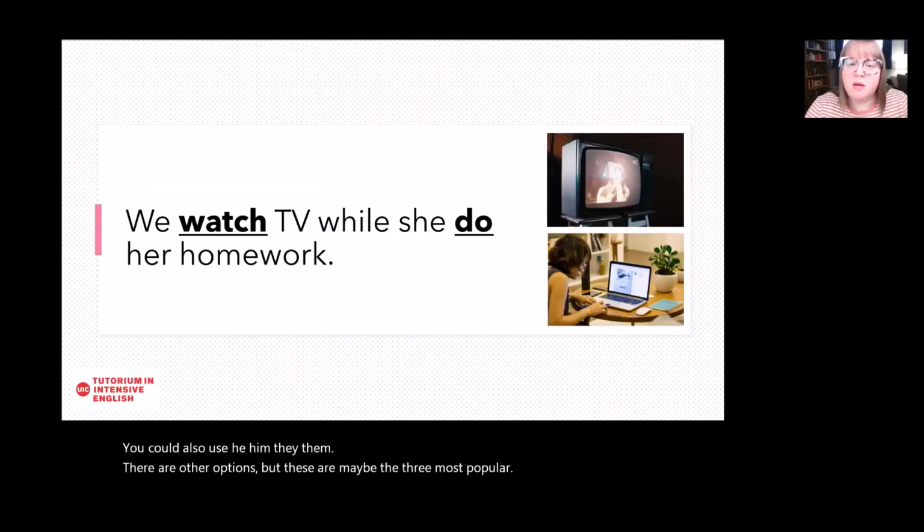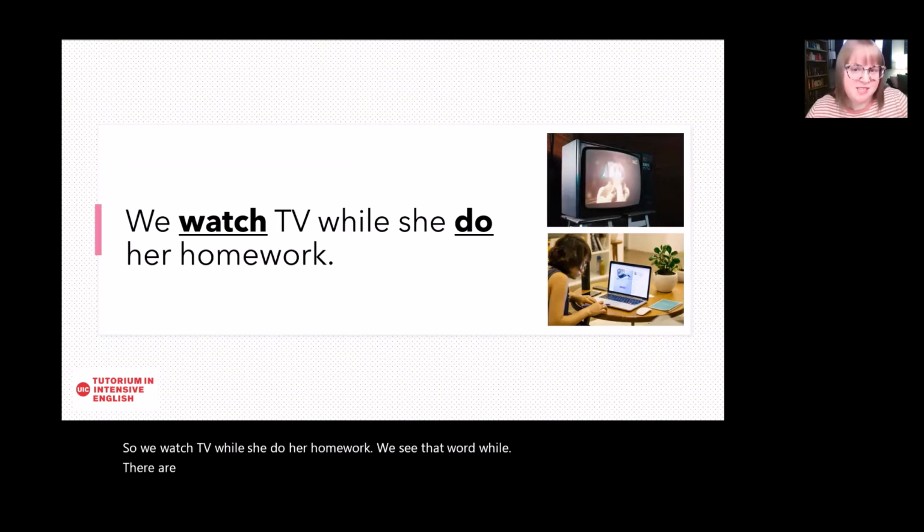Let's look at another example. So we watch TV while she do her homework. See that word while? There are some actions happening at the same time. So we see that there is this process of we watch. So somebody is doing that. Okay, we, subject, we.